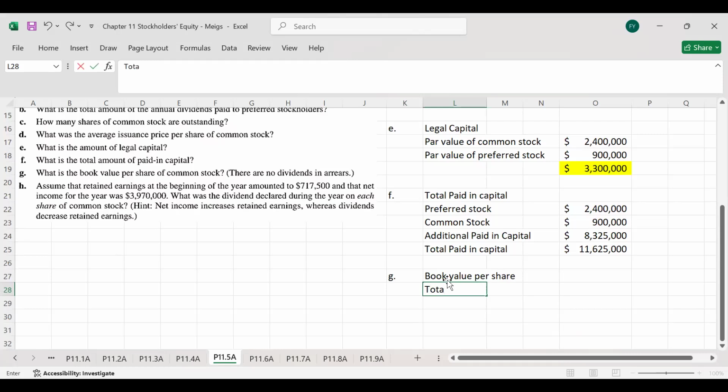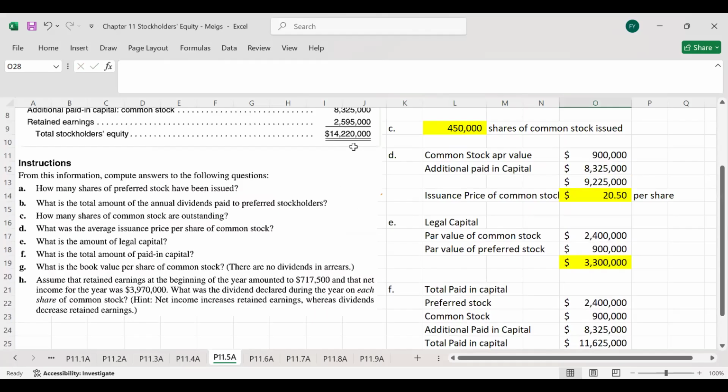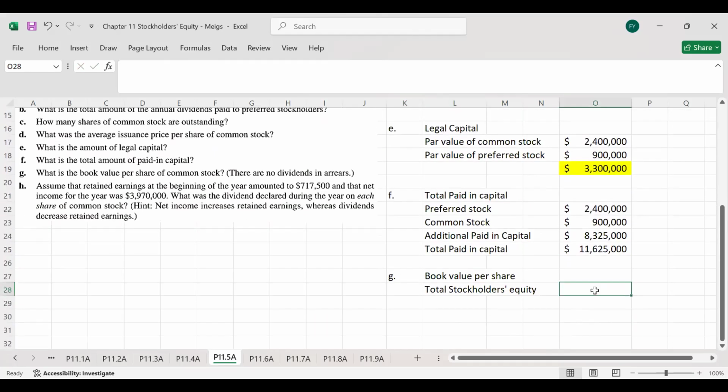Total stockholders' equity, which is mentioned here, you can see is 14.22 million. From this we will deduct, first of all, the par value of preferred stock.